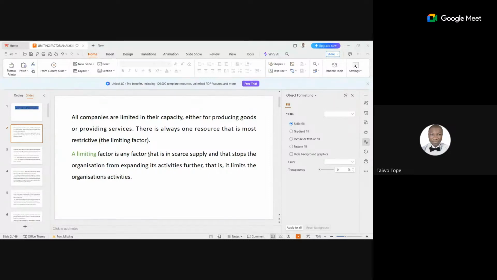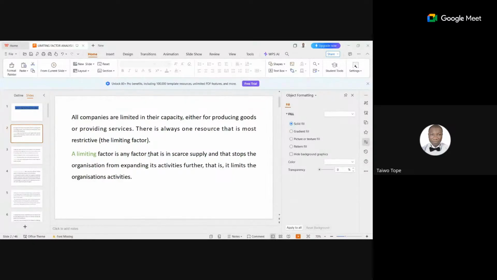So the concept of contribution is very key when we try to talk about limiting factor. This contribution is selling price less variable cost. In another form, contribution is fixed cost plus profit.